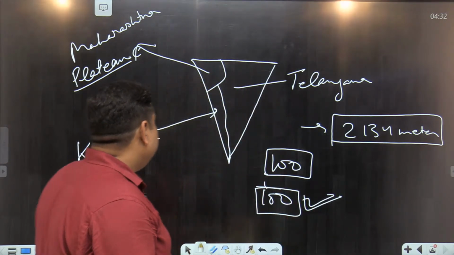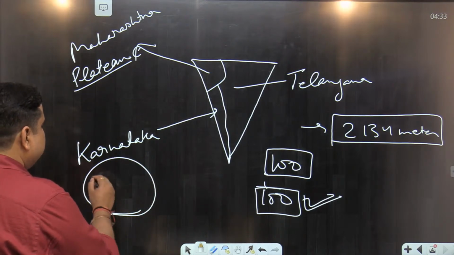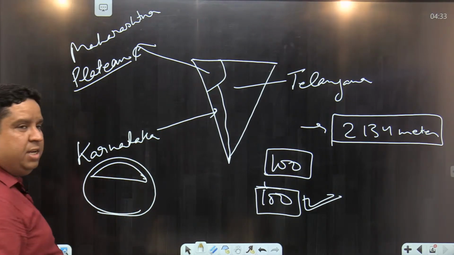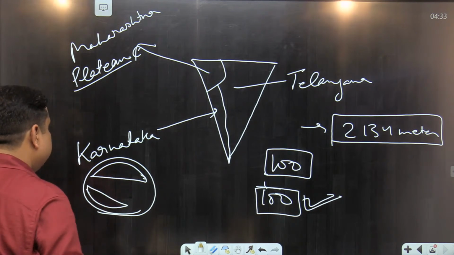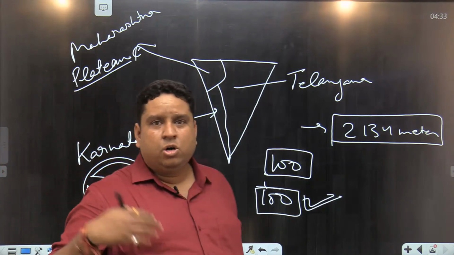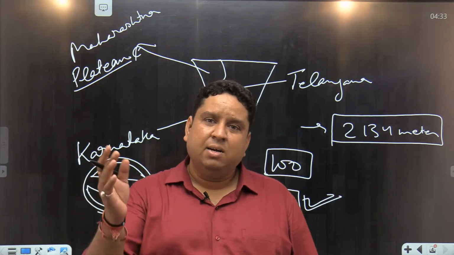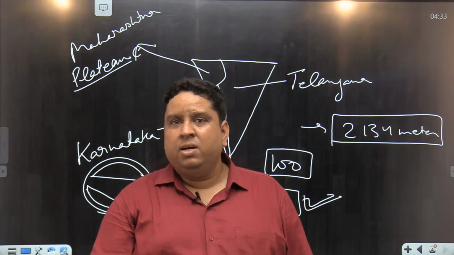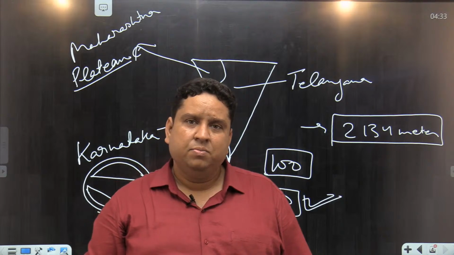Well, the answer is that when the Indian landmass, I told you that there was a Pangea, it broke into two parts. The northern part was known as Laurasia or Angara land, and the southern part was known as Gondwana land. So India was basically part of Gondwana land. When it got struck off from the Gondwana land and started moving towards the Laurasia, it came into contact with a volcanic hotspot known as the Reunion volcanic hotspot near Madagascar.